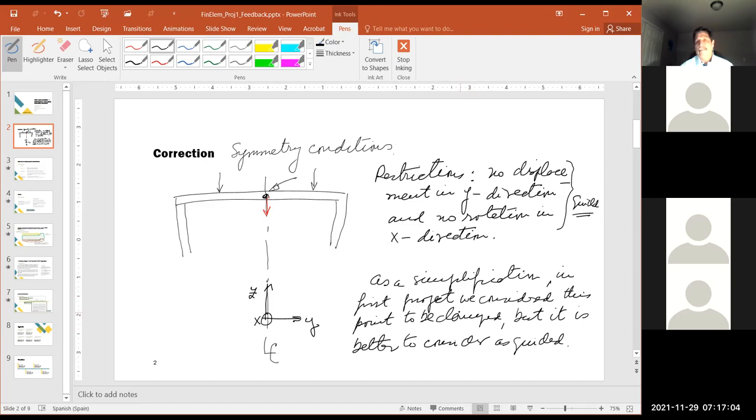This is an oversimplification, so I think it's more precise if we take these conditions as restrictions. In case you have a vertical element, if we consider it as clamped, it's going to be very good. But in general, these are the two conditions that we should apply at this point, not clamped, but guided. So you will allow this point to move in the vertical, in the Z direction.